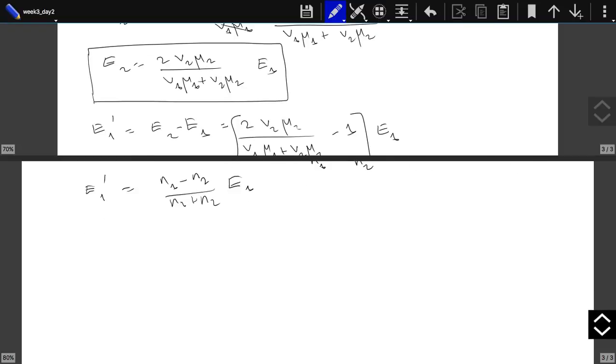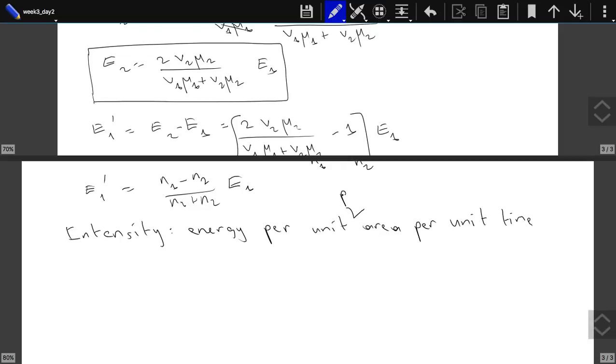Now, another important property for us will be the intensity of this wave. The intensity is basically defined as the energy per unit area per unit time.